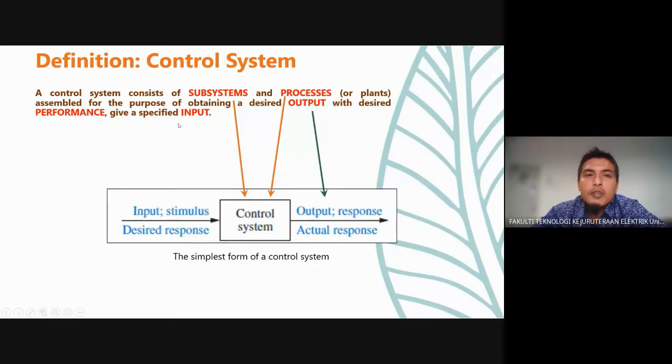Given a specific input, if you give the input and you have the desired response, then you must have the actual response. In order to get the actual response, it depends on the control system. If the control system is good, then you will get the actual response with no error.